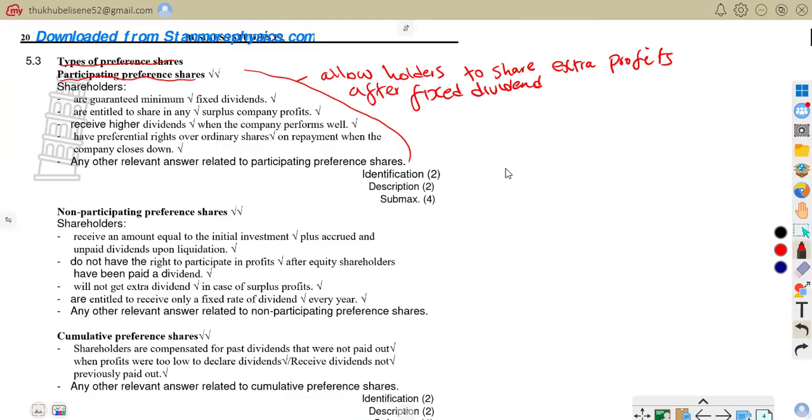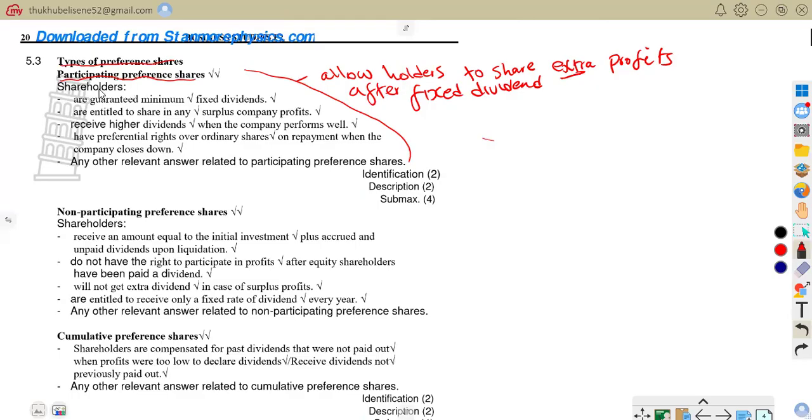So you allow shareholders to share extra profits after the fixed dividend. For example, a bank pays a fixed 10% plus a bonus if profits are high. If profits are high, there will be a bonus. That is the extra profit that we are talking about.